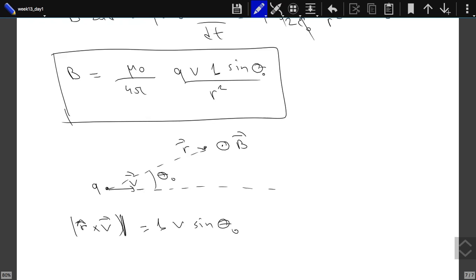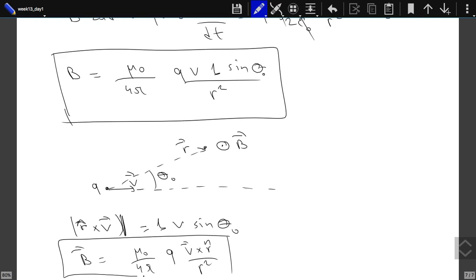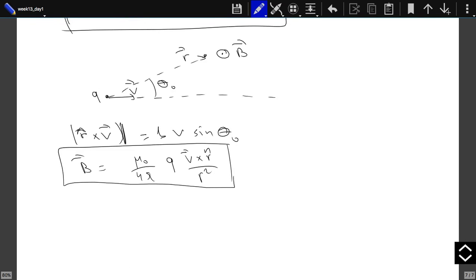So the magnitude of r hat cross V is nothing but V sine theta 0 over here. What is the direction? r hat cross V is into the screen, in the opposite direction. So if I just change the order, B is equal to mu 0 over 4 pi times Q times V cross r hat over r squared. This is the magnetic field created by a moving charge.